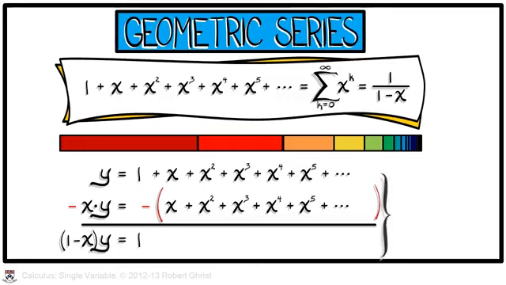Factoring and solving for y gives that y equals 1 over 1 minus x. That is clear as far as an algebraic manipulation.